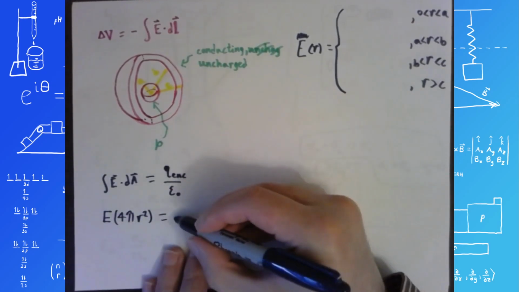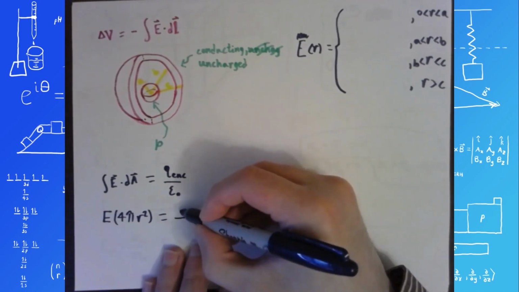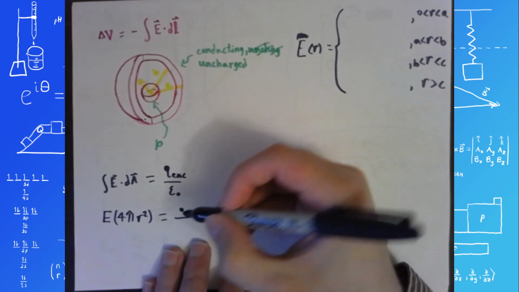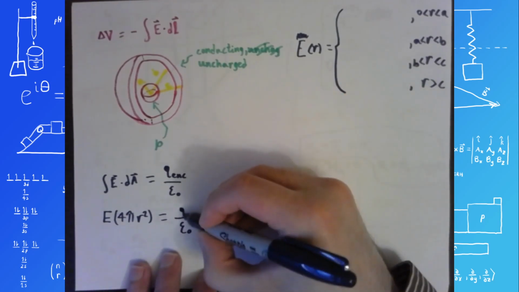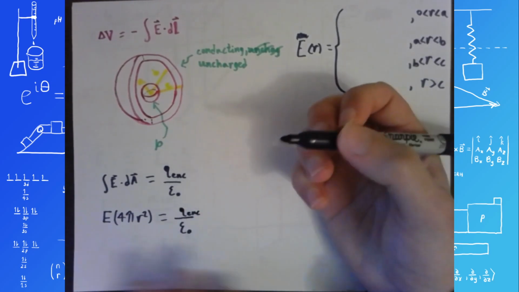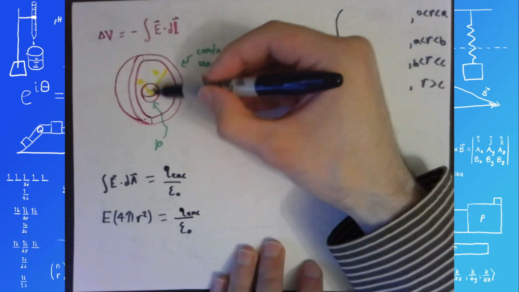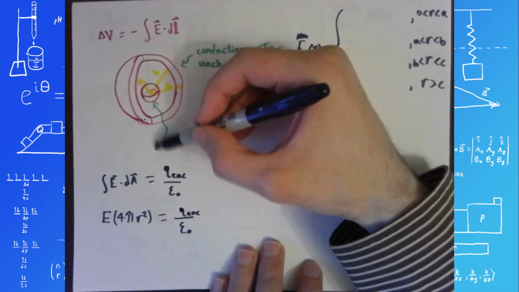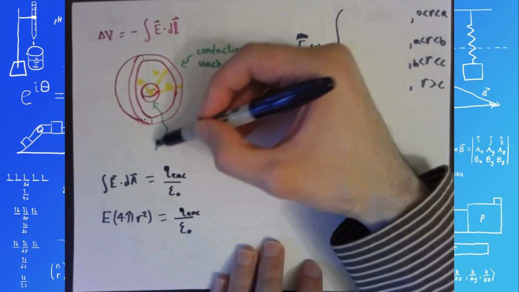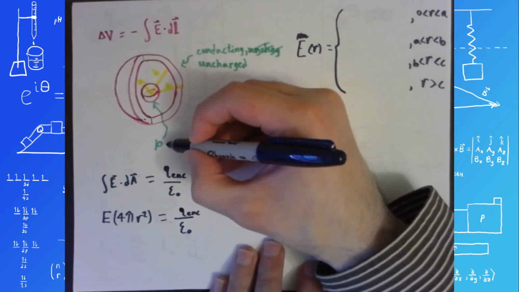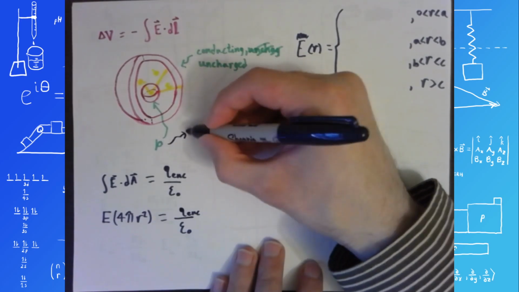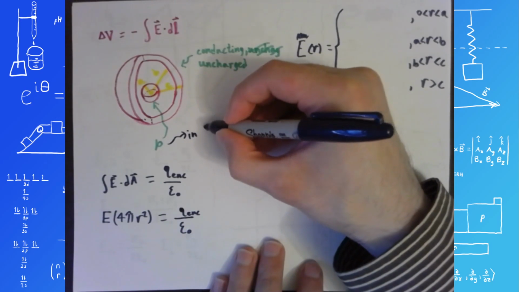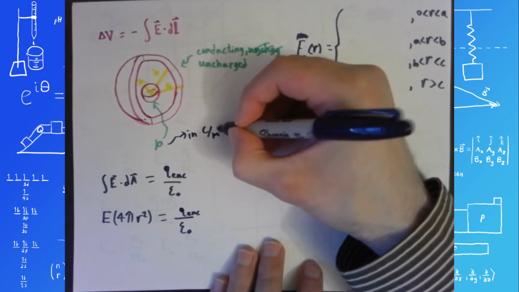And then the hard part, of course, is the charge enclosed. So let's see. For our charge enclosed, the amount of charge enclosed within a Gaussian sphere of charge density rho, that's a volume charge density, is going to be given in coulombs per cubic meter.